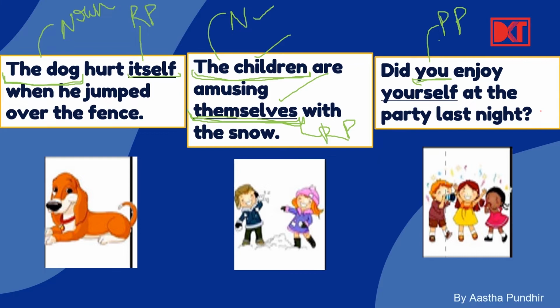Okay, the action is being done by you. So action क्या है? Enjoy the party last night. Who is doing it? The doer कौन है? Doer is you. So this is the personal pronoun.